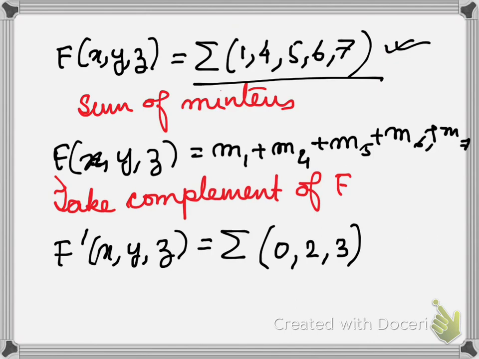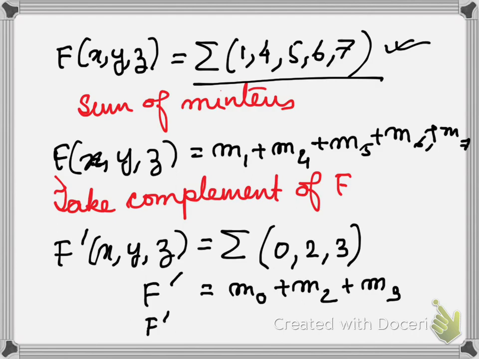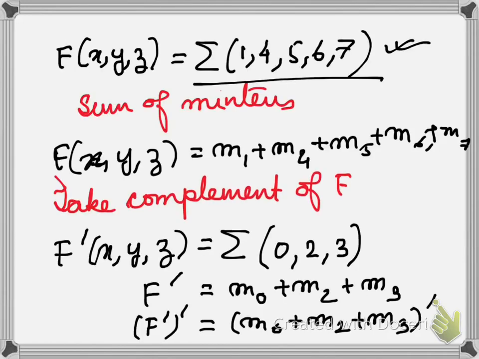Now this can be written as m0 plus m2 plus m3. So f dash is equal to this. Now take the complement of both sides. I take the complement of m0 plus m2 plus m3. Now the complement of f dash is nothing but f.